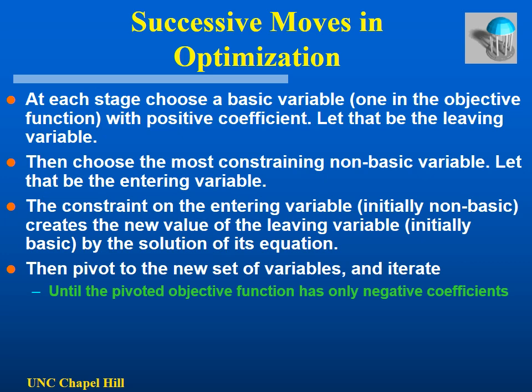Given that we now have a basic variable and now this corresponding entering variable, we are in a position to pivot. That is to say, to swap: make the leaving variable leave the basic group, entering variable enter the basic group, and pivot to get all the equations in terms of the new basic variables.